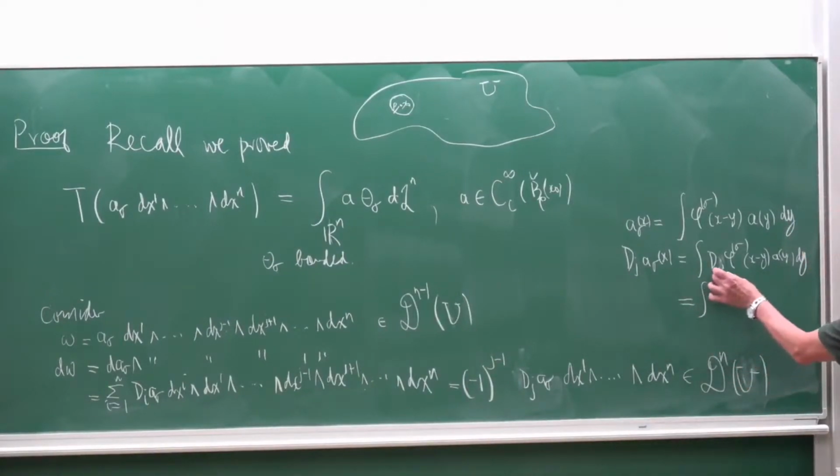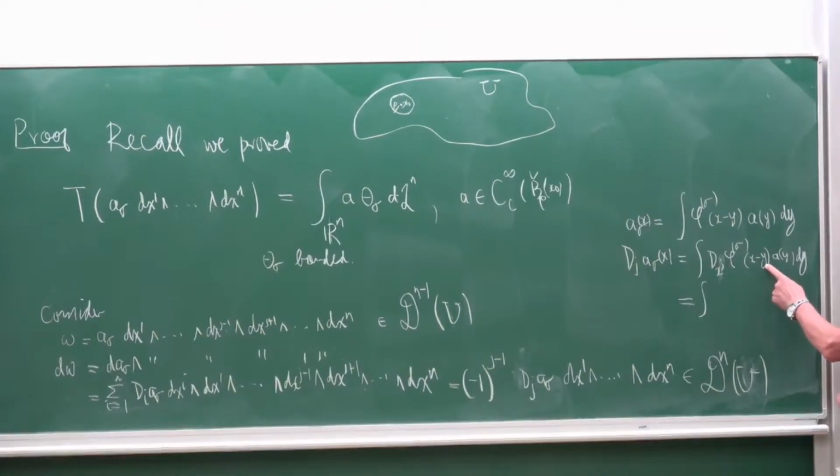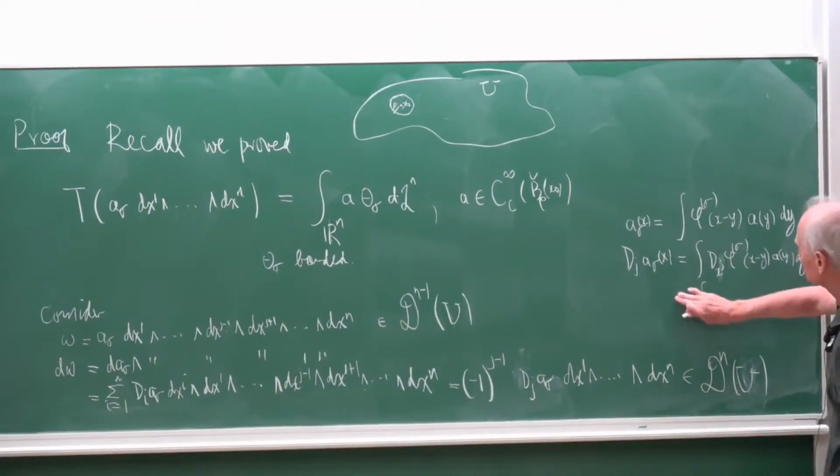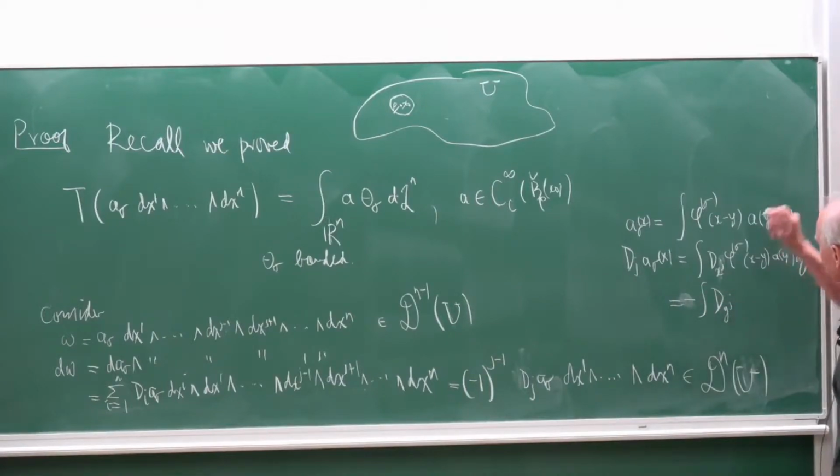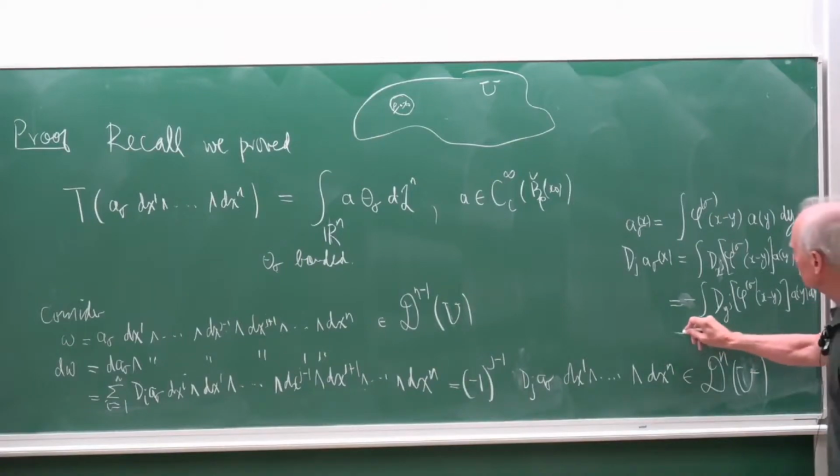By a trivial case of the chain rule, I can replace the partial with respect to xj by the partial with respect to yj, as long as I change the sign. So this is minus the partial with respect to the yj variable of phi sigma of x minus y, times A of y dy. And now I can just integrate by parts.